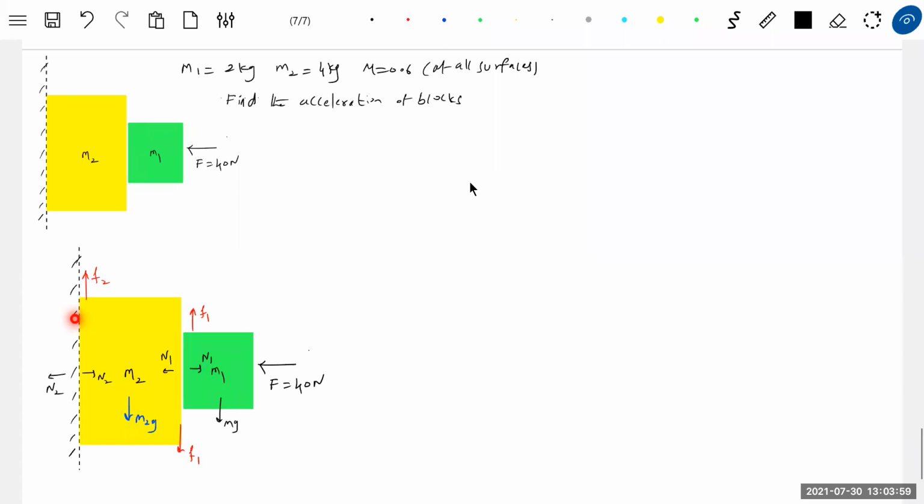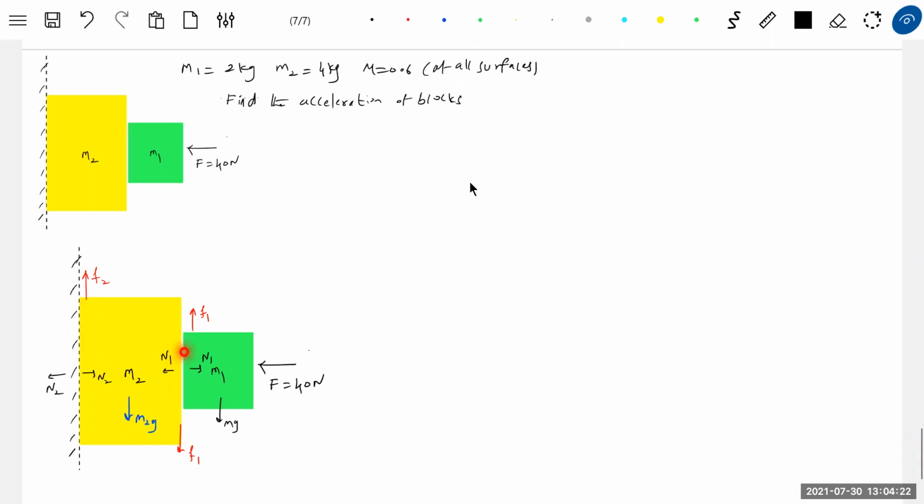That's why I directly brought a numerical. What can happen? Both will be at rest: no slipping here, no slipping here. That's the first case.